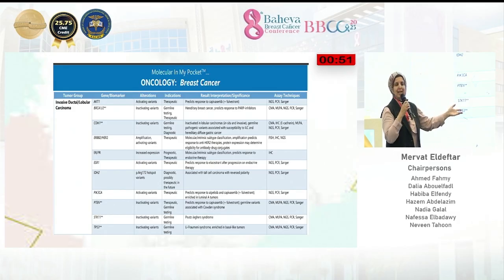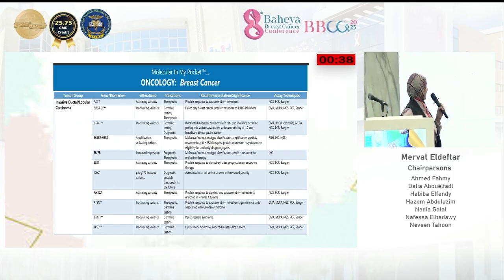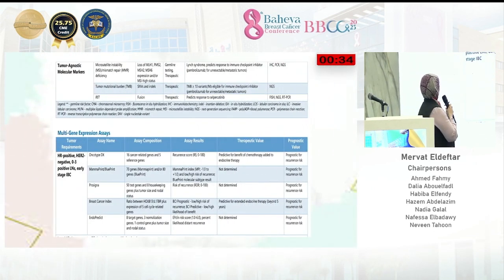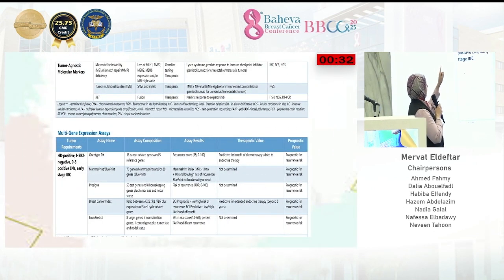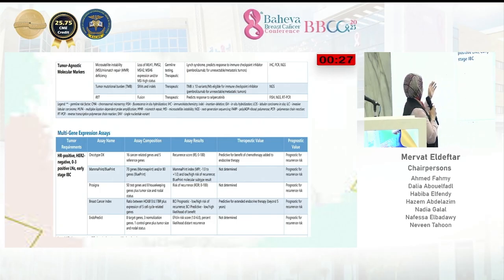We will find BRCA1 and BRCA2 mutation, HER2, ER, PR, estrogen receptor 1, PI3K pathway, P53, tumor microsatellite instability and tumor mutational burden, and the multi-gene expression assays we talked about: Oncotype DX, MammaPrint, and Prosigna.